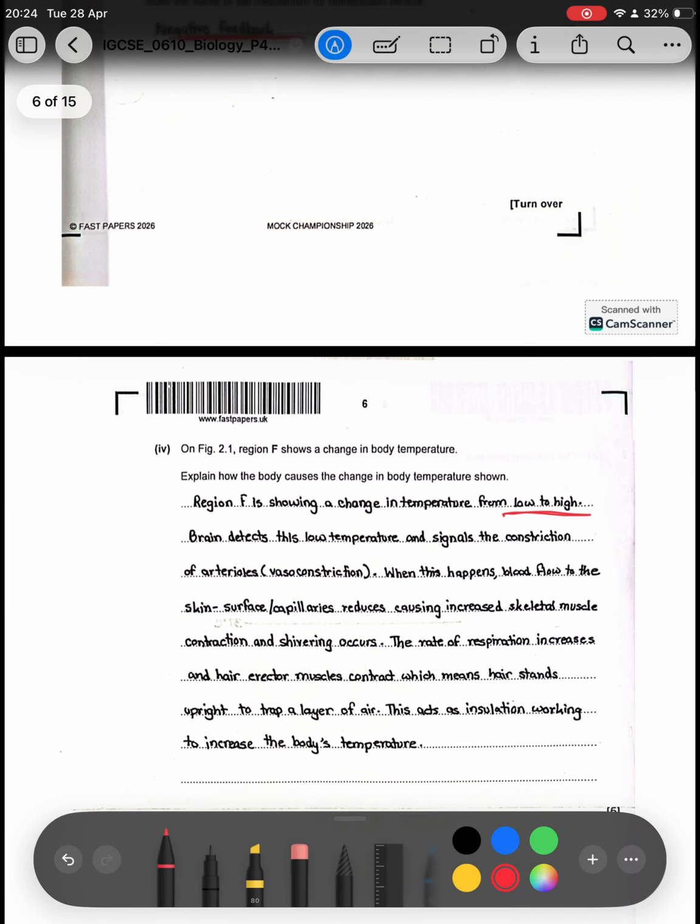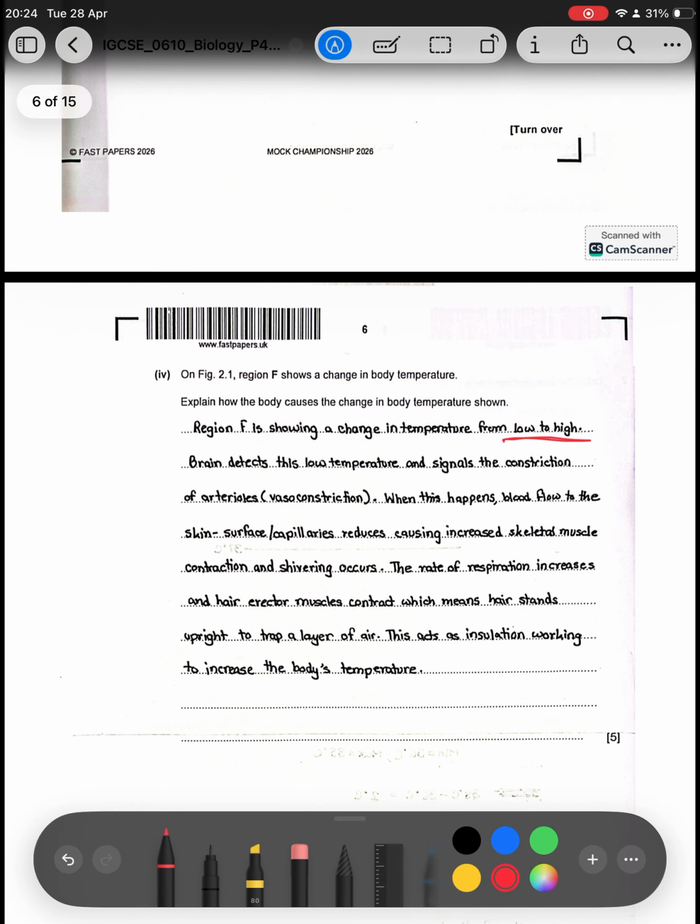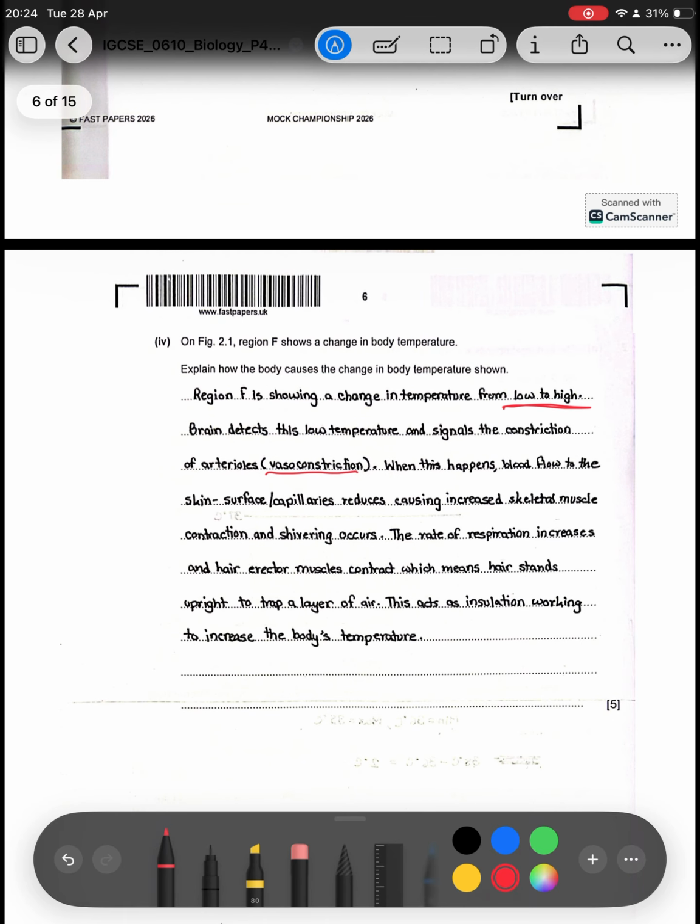So what's happening here is the brain detects this low temperature and signals the constriction of arterioles, a process also known as vasoconstriction. When this happens, blood flow to the skin surface or capillaries reduces, causing increased skeletal muscle contraction, and shivering occurs.